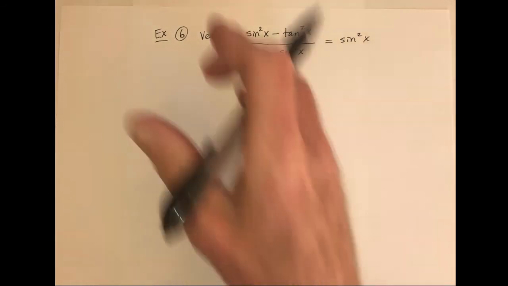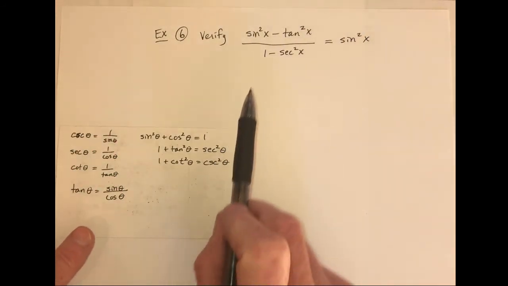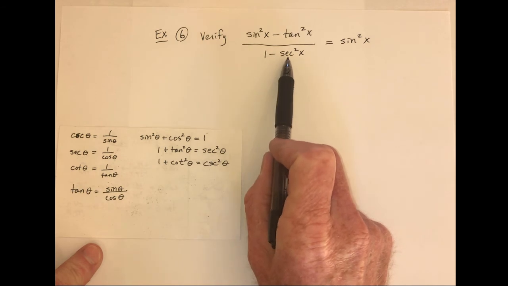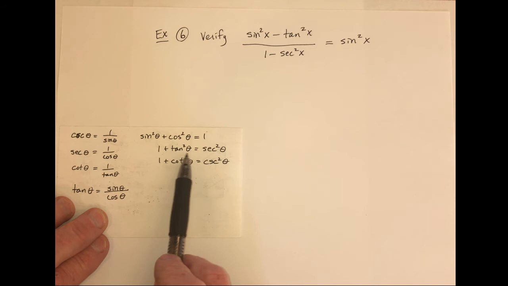Well, it looks like we're going to need some identities. Like, I'm looking at this one, 1 minus secant squared. So that actually comes from this identity right here.